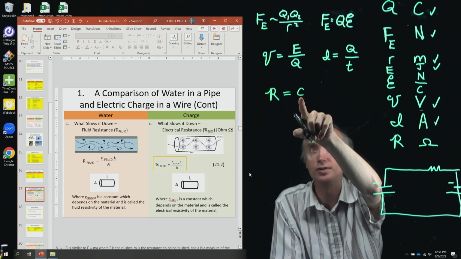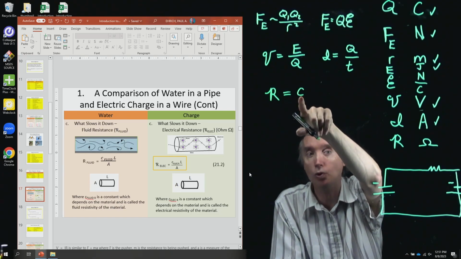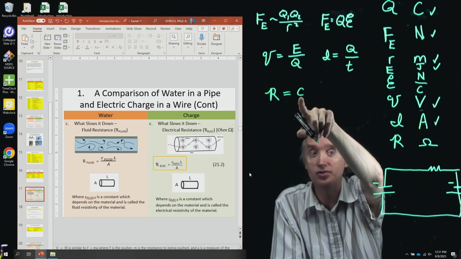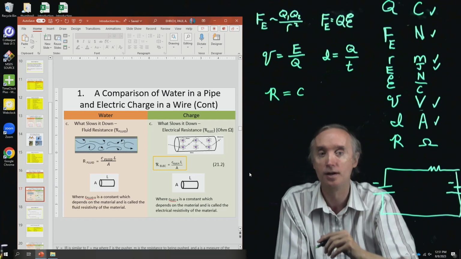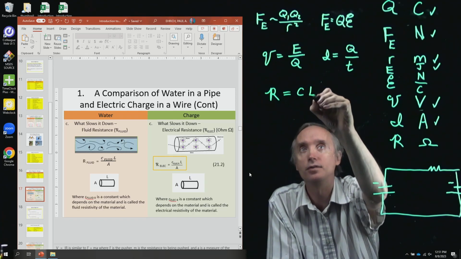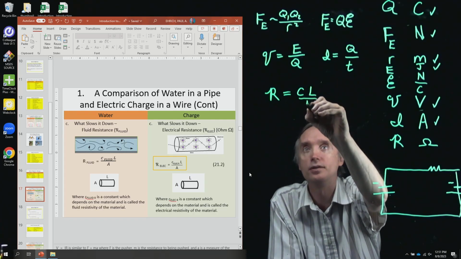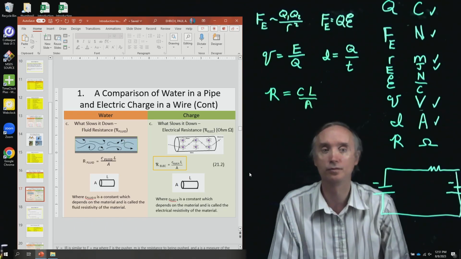This is called the resistivity. Wood would have a large constant, but copper would have a very small constant. So copper does not resist the flow of electricity. And then it's going to depend on the length of the wire, and on the area of the wire.